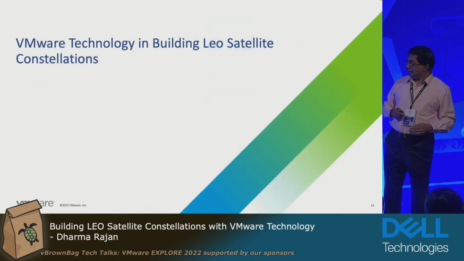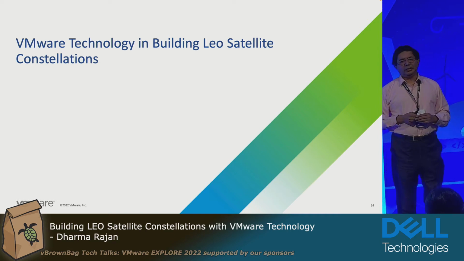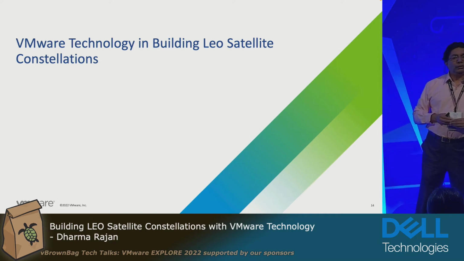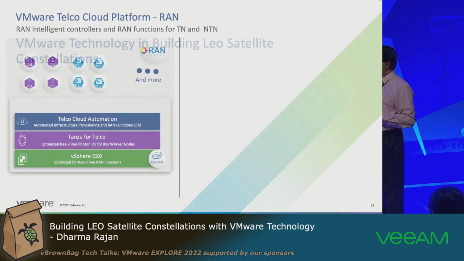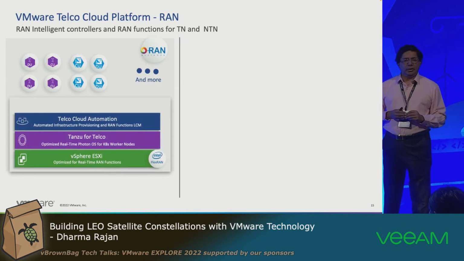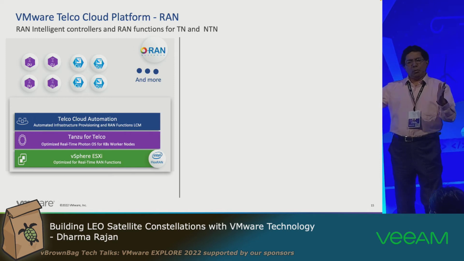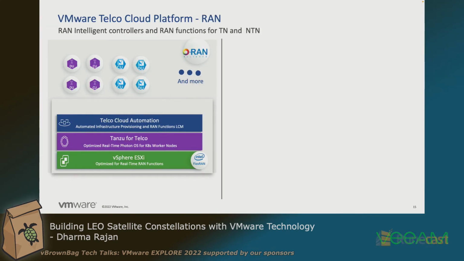Now, with that being said, what is the VMware technology that can help you build all of this? Let us take a look. VMware, as I said before, has what is called the Telco platform that enables you to build the core network. What we also have is the platform that can build the radio access network edge.